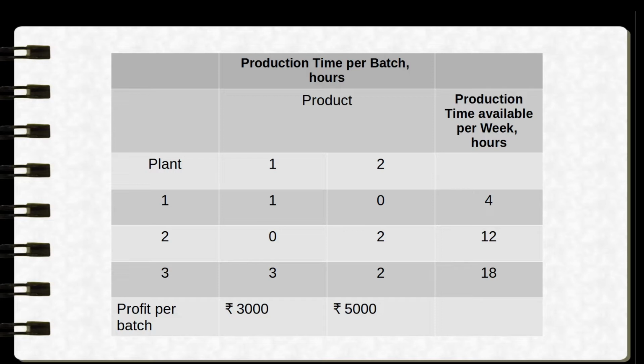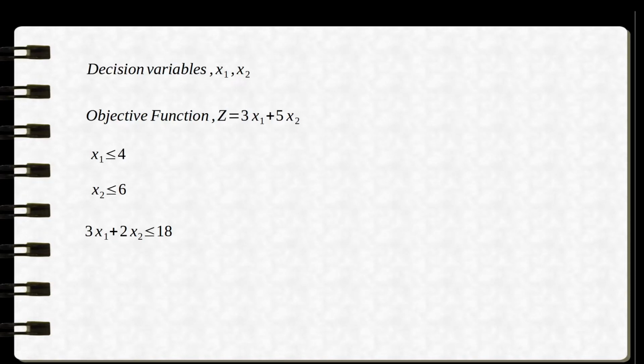And if we add them up, that is, if we add the hours of making these windows, it cannot be greater than 18. So that way we express the last inequality.